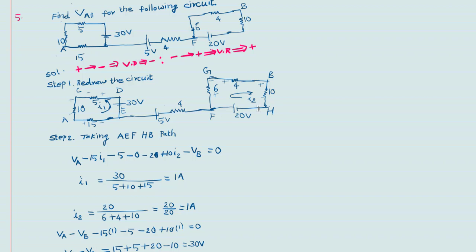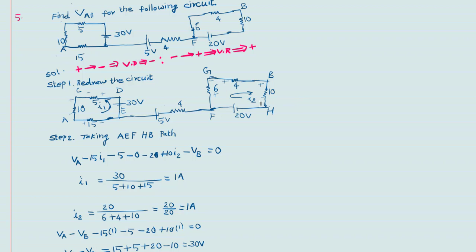The other terminal will become negative, and the polarity of the voltage source does not change. This is always negative and this is always positive, irrespective of the current direction assumed. Then the same I2 enters the 6 ohm resistor here, so we call this the positive terminal and the other terminal negative. The same I2 enters the 4 ohm resistor here, so entering we call positive terminal and leaving negative terminal.